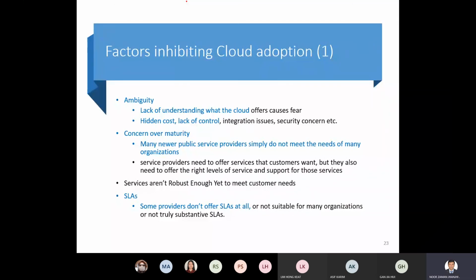They don't follow the complete SLAs. So these things also bring restrictions, hindrances, or obstacles to fully adopting, fully deploying, fully switching, fully jumping to the cloud services as well.